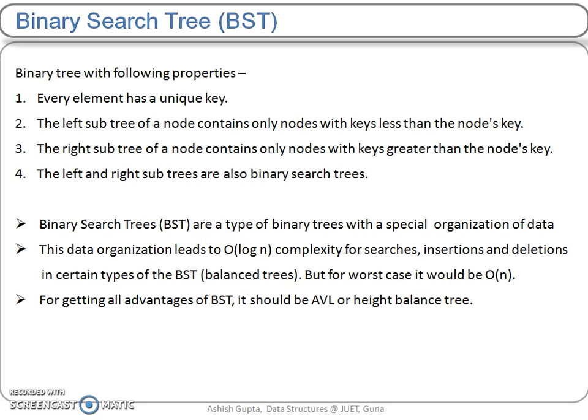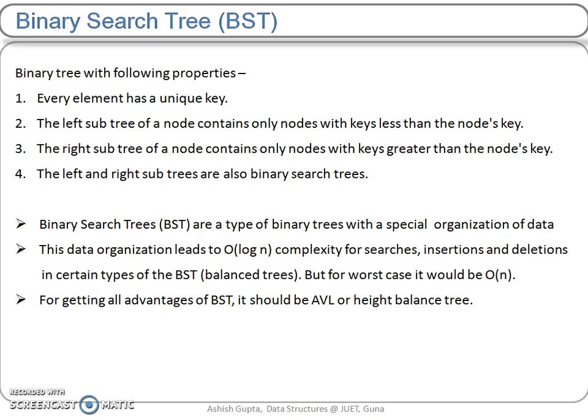Now, in the basics of the binary search tree, there are some properties. The first property says every element has a unique key, so none of the elements in the binary search tree would be repeating or having the same value again and again, right?